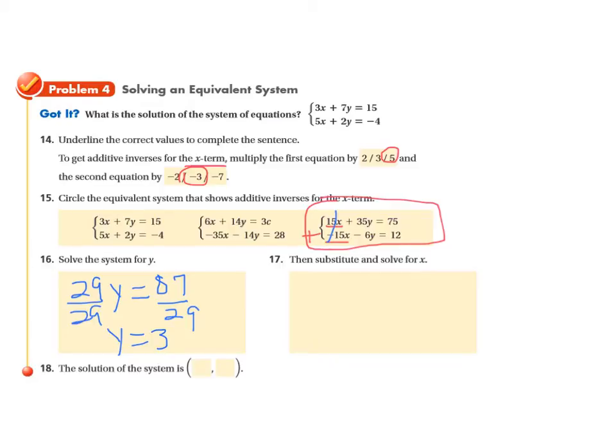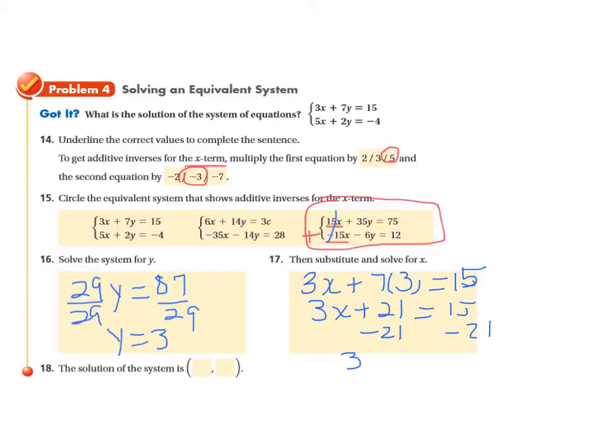Now I'm going to take that value y equals 3 and plug it in the first equation for y, and solve for x. So 7 times 3 is 21. Then to get the x by itself, I have to subtract 21, so that gives me 3x equals negative 6, and I divide by 3, so x equals negative 2. So my ordered pair for this problem is negative 2 and 3.